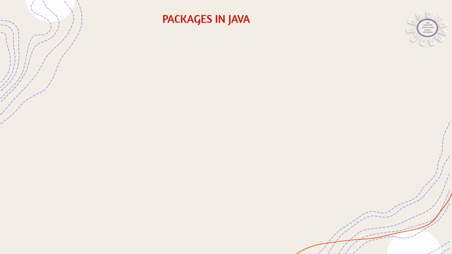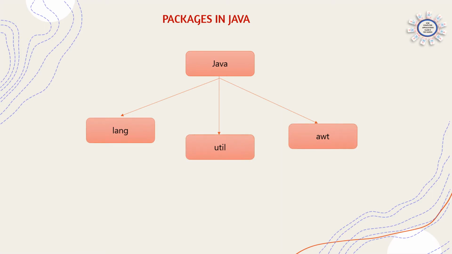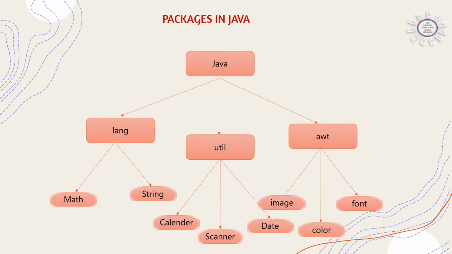We can understand the arrangement of packages through this diagram. In Java, many packages are there. For example, java.lang is a package, java.util, java.awt. And inside these packages, many subclasses are there. For example, java.lang.Math, java.lang.String. Like this, in java.util, many subclasses are there, such as java.util.Calendar, java.util.Scanner, and java.util.Date.